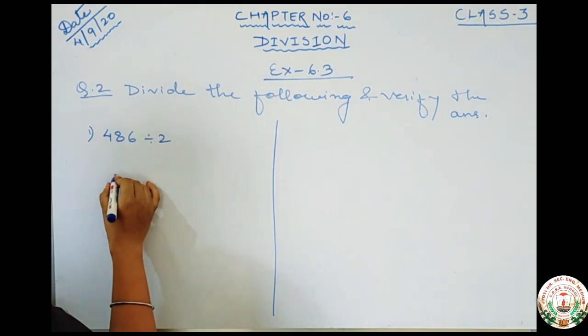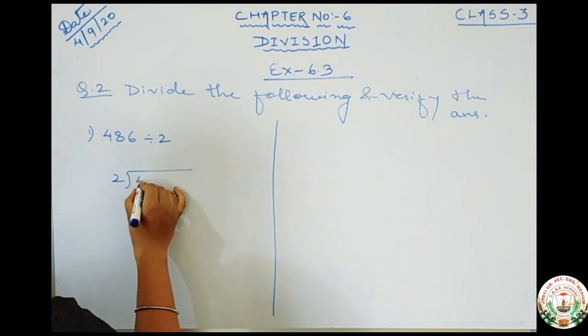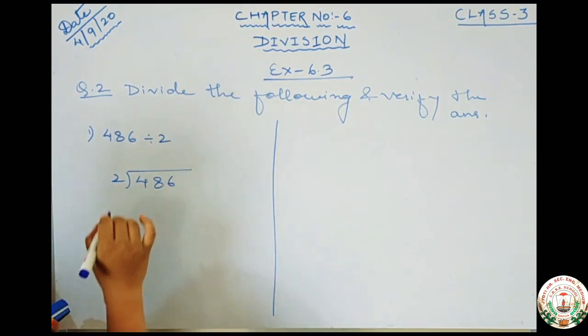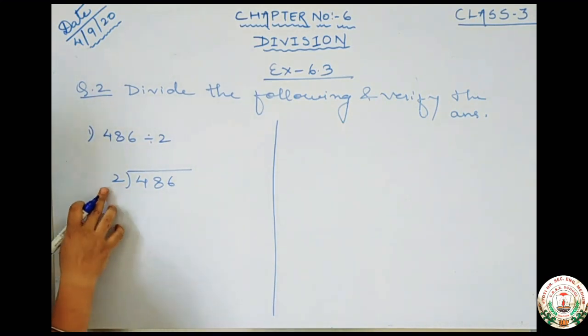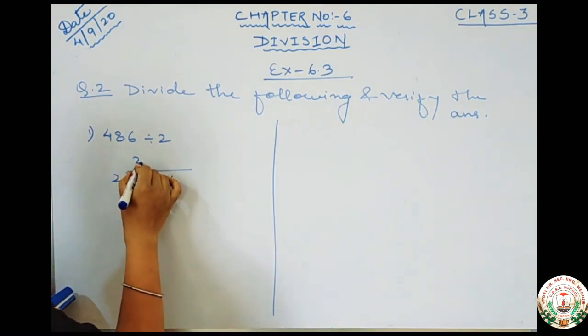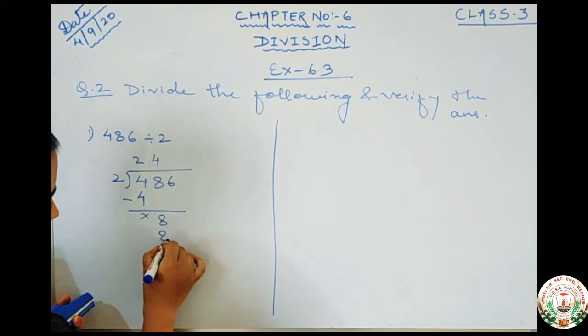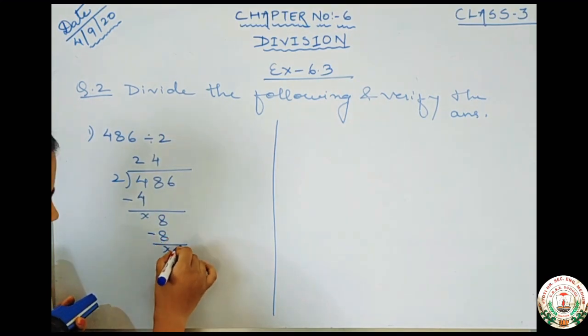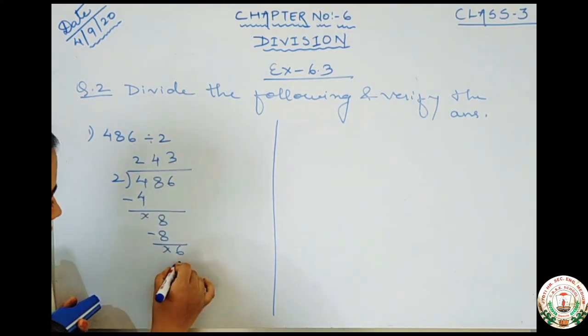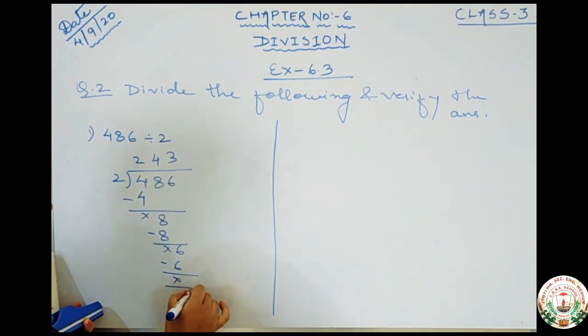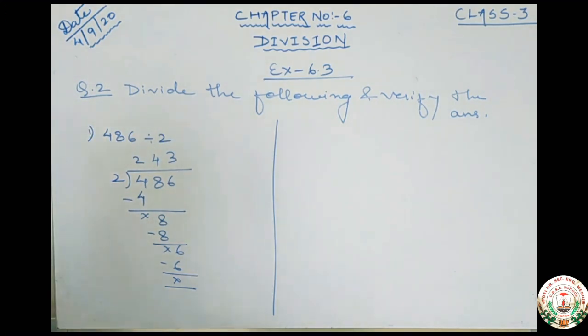Okay. See how we will divide. 486. In table of 2, 4 comes. 2 2s are 4. 8. 2 4s are 8. 6. 2 3s are 6. Okay. So the division is complete.